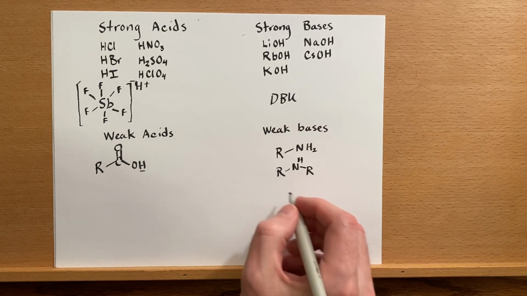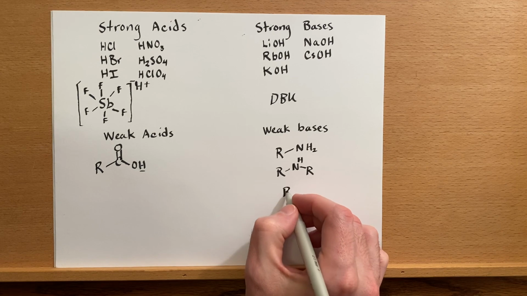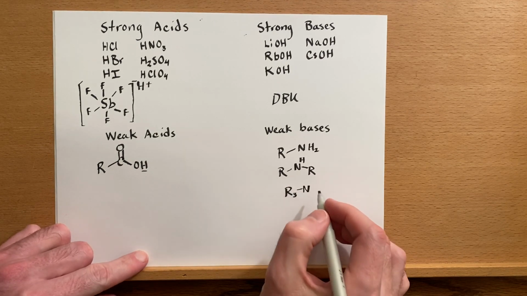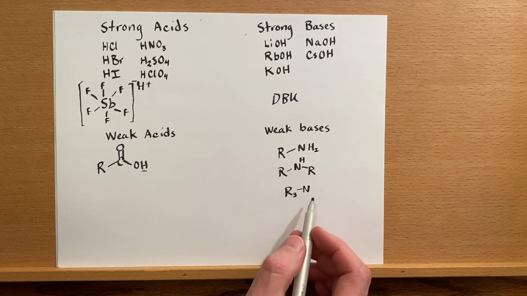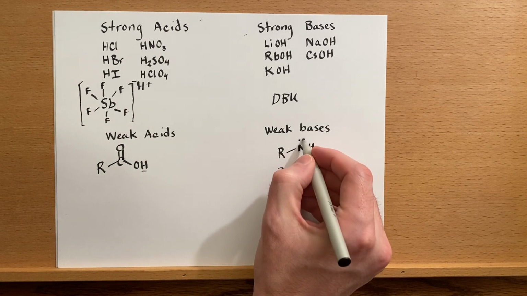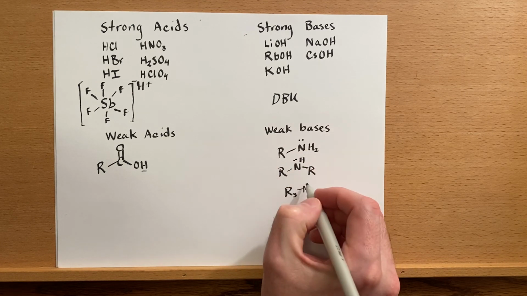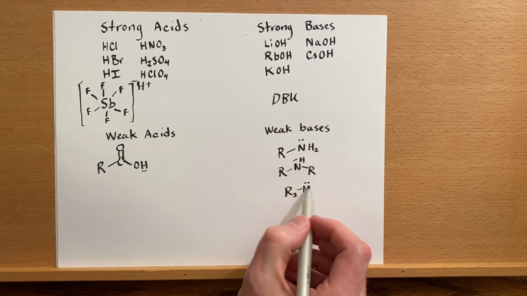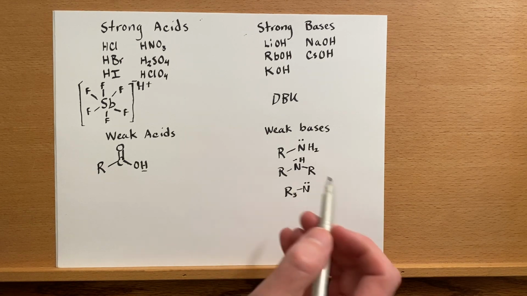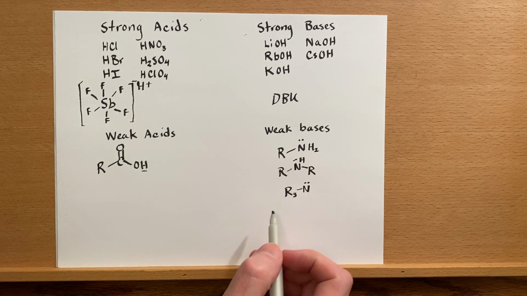Or we could have three carbon-containing things on there. All of these are bases. Now, they're actually Lewis bases because there's electron pairs here, and this electron pair can be donated away to an acid and react with it.